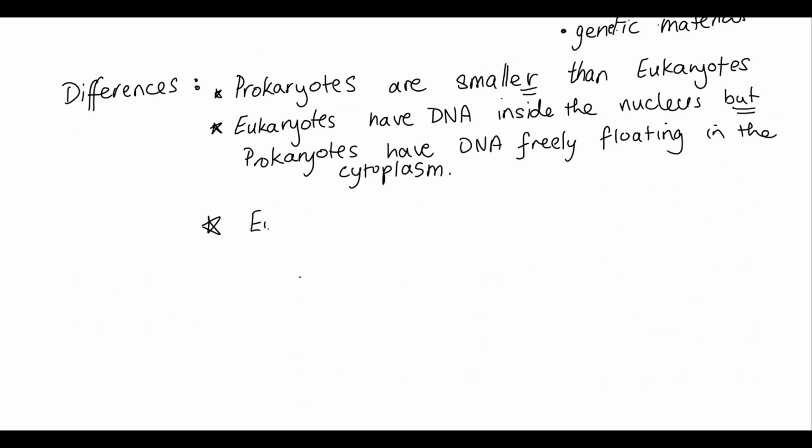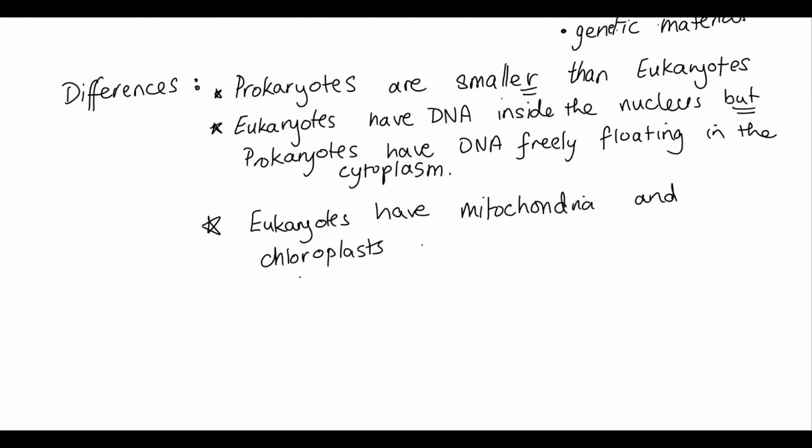So eukaryotes have mitochondria and chloroplast. But prokaryotes do not. Do you see in every one of my sentences, I'm making sure I'm writing both sentences to get the marks in biology. So, but prokaryotes do not.